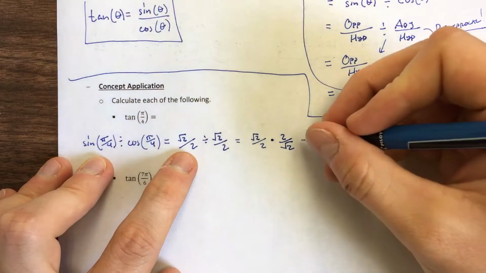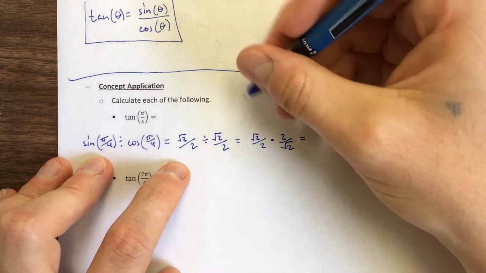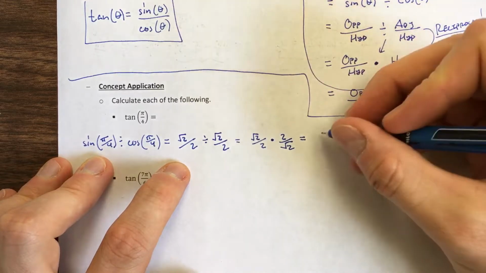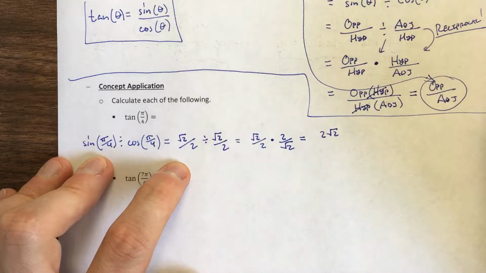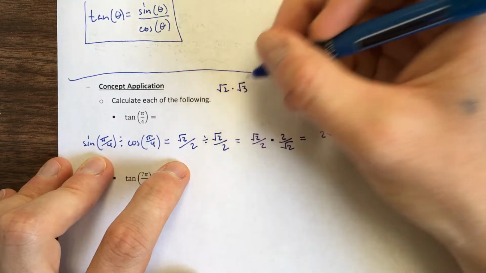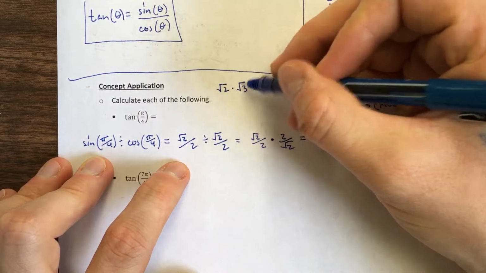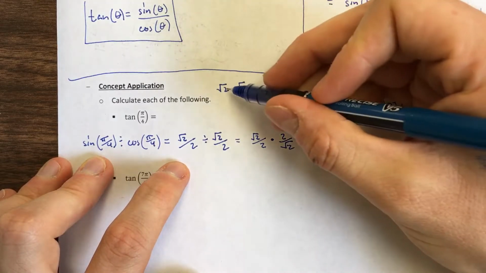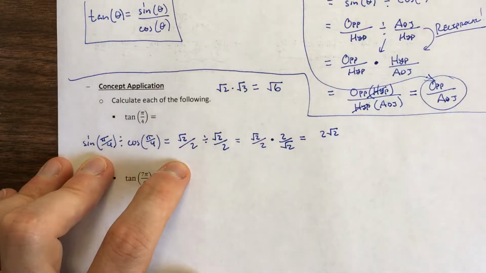Now I want to keep going because I do want to mention some algebraic properties here. If we have square root of 2 times 2, that's just going to be 2 square root of 2. Now if it were square root of 2 times the square root of 3, or something similar, if they're both under the square root, then we can keep the square root and multiply what's under, so it would be square root of 6.